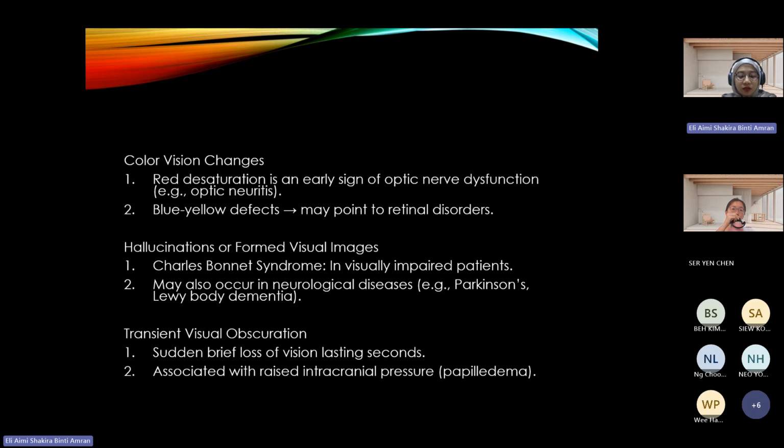This can be associated with raised intracranial pressure. What is intracranial pressure? Increased pressure inside the skull. Correct. Very good.